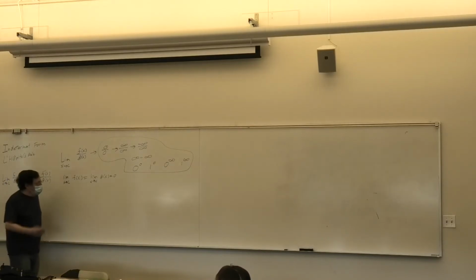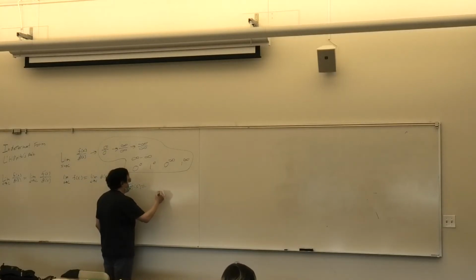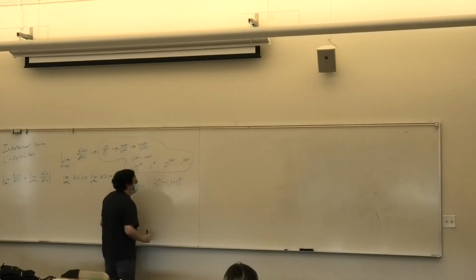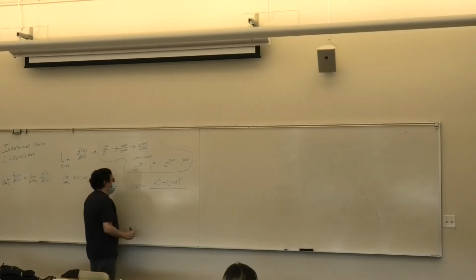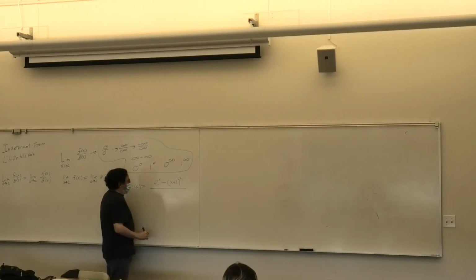So let me at least make up one problem. So what if f of x was e to the x minus (x plus 1) squared, limit as x approaches 0. And what do we want to put on the bottom?